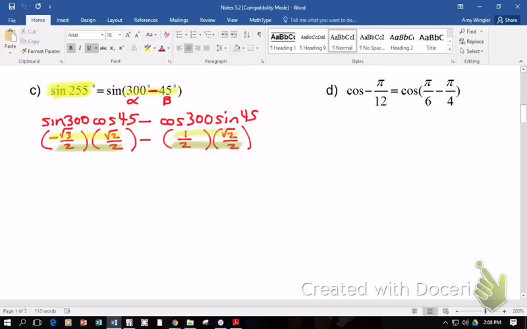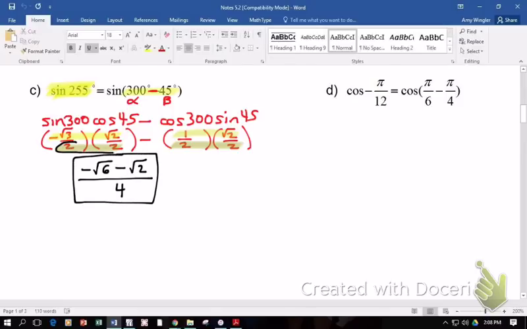So I'm going to go straight to doing that for my final answer. And my final answer is just going to be negative radical 6 minus radical 2 all over 4. So you can see right here you have a common denominator of 4. So you don't need to write them out as two separate steps. You can just go straight to writing your final answer.